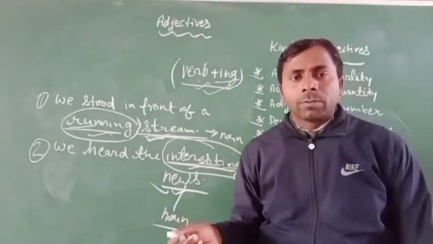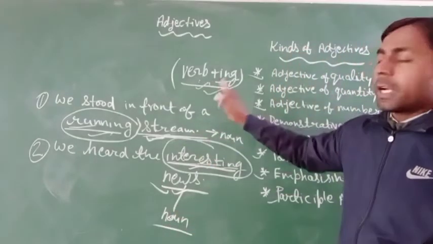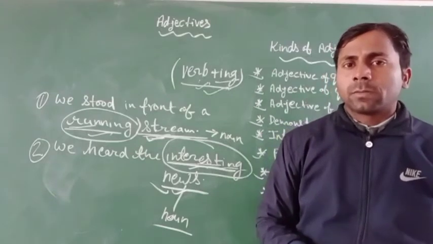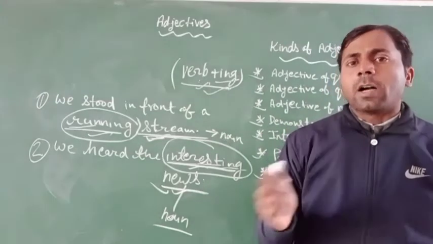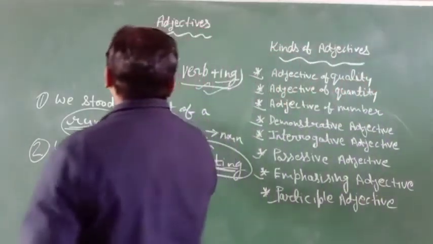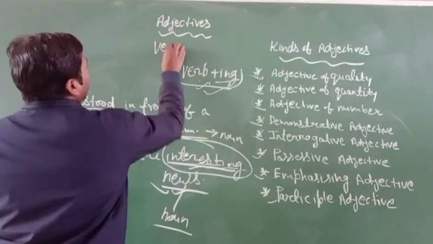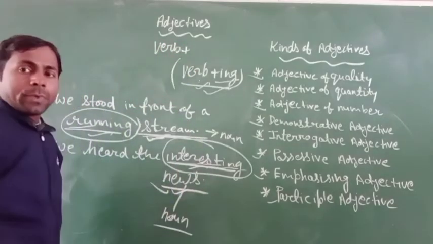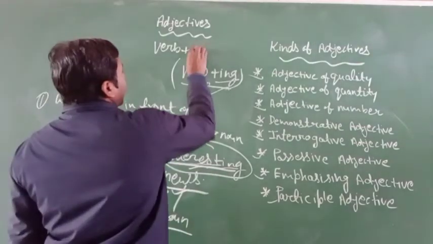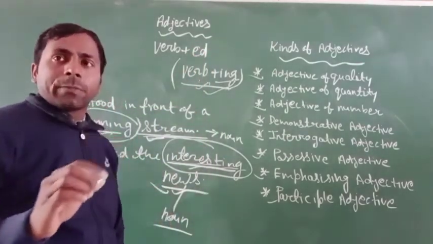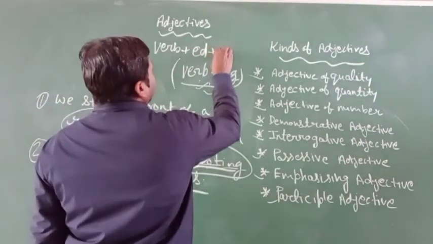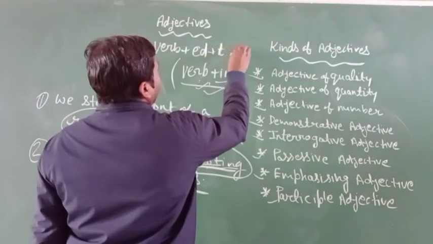So this type of word is a participle adjective. That was the present participle, and we can also use the past participle. How is that possible? We take the verb first form and add the ed form, or the t or n form.